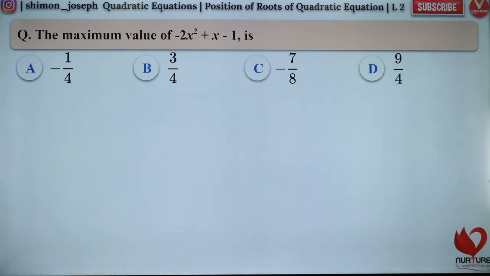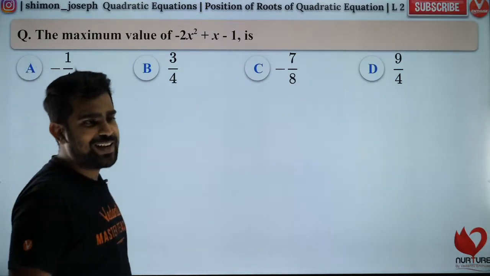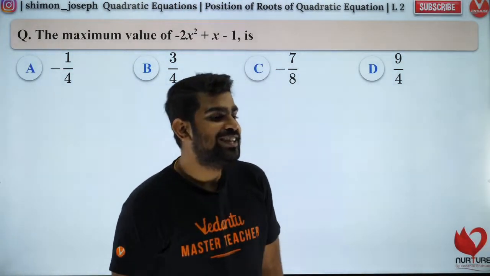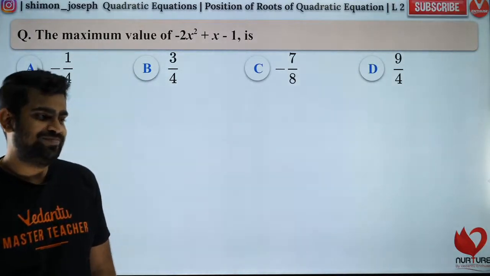A, B, C, D, fantastic. You know only the first 4 letters. What about the remaining 22? Don't worry, we are planning to start Super Kids in Vedantu for English also. I will give you special admission there. Okay. So, are you all done?